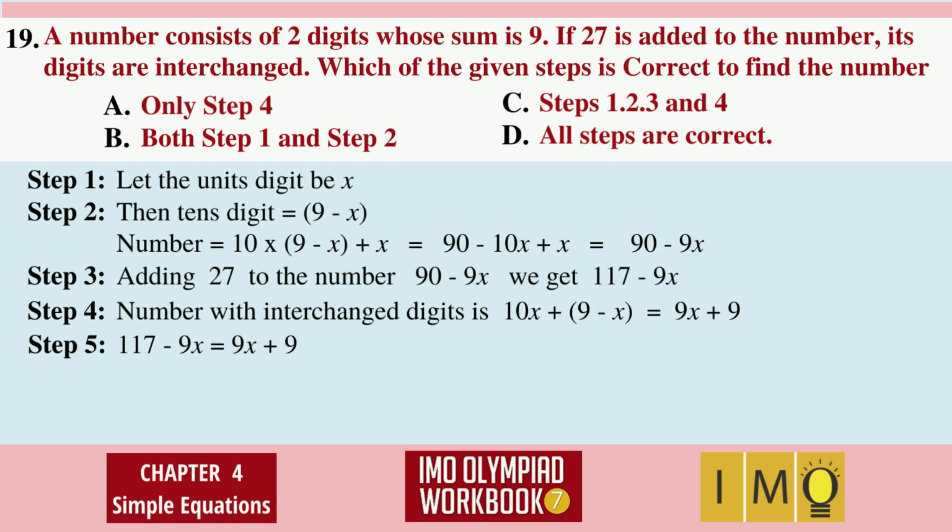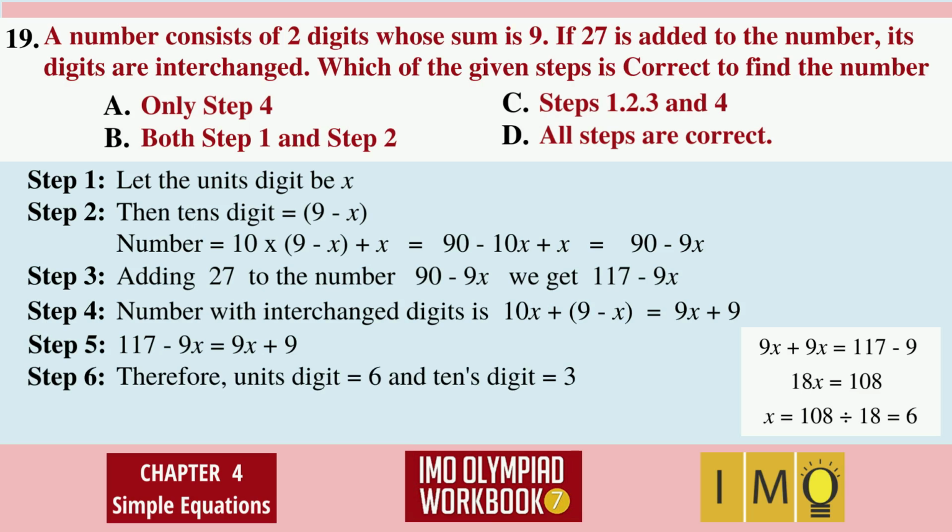Solving that further, we get 9x plus 9x is equal to 117 minus 9. 18x is equal to 108 and x is equal to 108 divided by 18, which is 6. So if the units digit is 6, then the tens digit becomes 9 minus 6, which is 3.